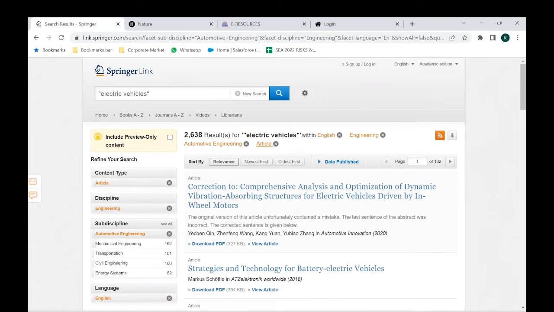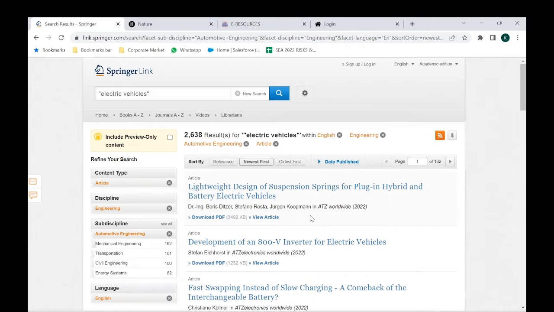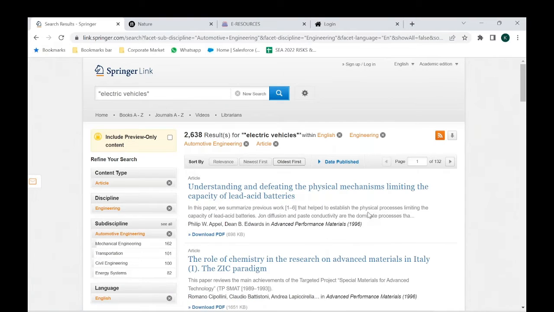Obviously relevance plays a bigger role when you have very specific keywords, or more and more keywords you attach to your search. But sometimes it's important to see what is the latest publication in your area, and therefore it's good to see newest first. Or if you use the oldest first function, you can identify perhaps when was the first time a certain research was done about the area you're looking at.